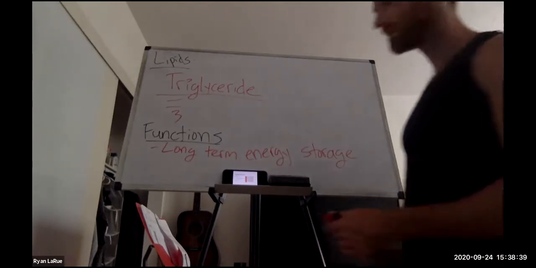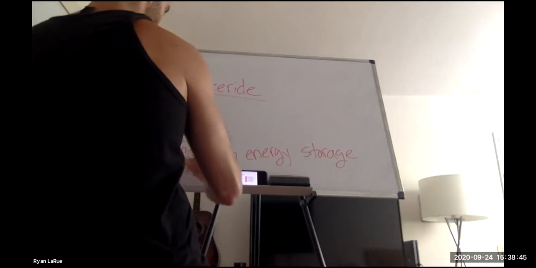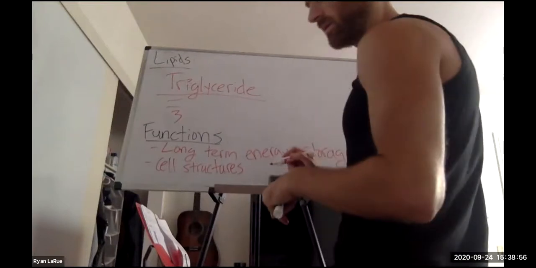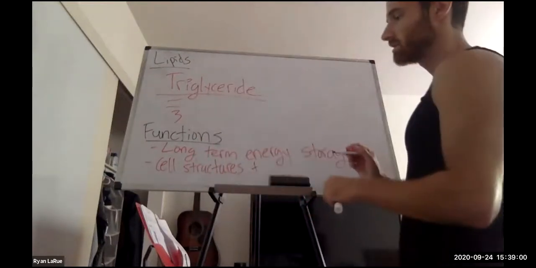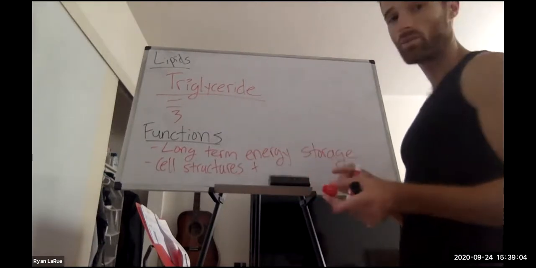Very important cell structures are made of lipids. And we'll actually, at the beginning of next unit, be looking at one in particular in detail called the cell membrane. It's made of a certain type of lipid. So cell structures, and in addition, certain hormones.